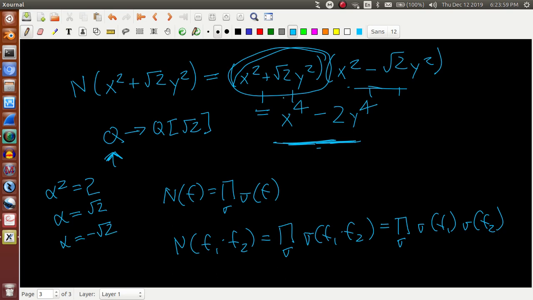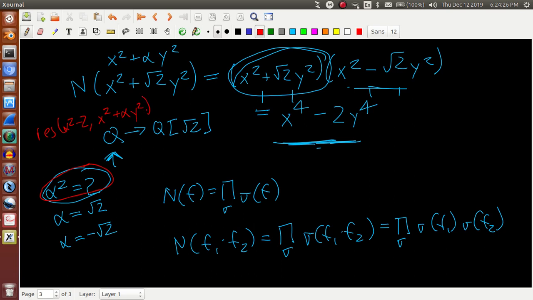Well, here it is evaluated, now we'll call this alpha, x squared plus alpha y squared. This is the minimal polynomial. So what we're doing is we're taking the resultant of this polynomial here, alpha squared minus 2, and this one too, x squared plus alpha y squared.